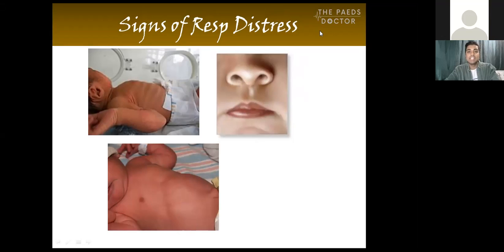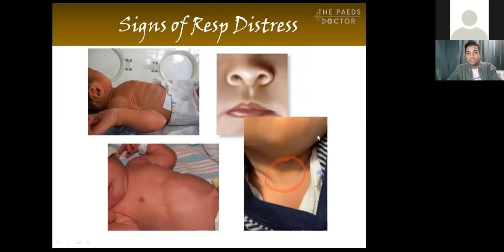Subcostal recessions, exactly. This is lower down, where the diaphragm will be. And the final one, what's this? Tracheal tug, exactly. All of these are signs of respiratory distress in children.